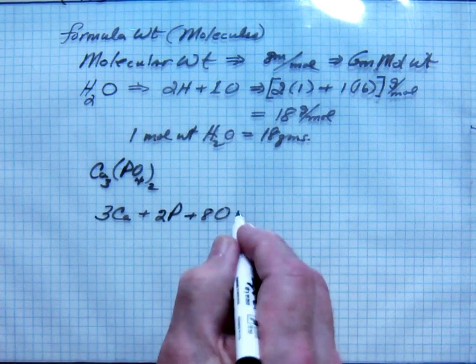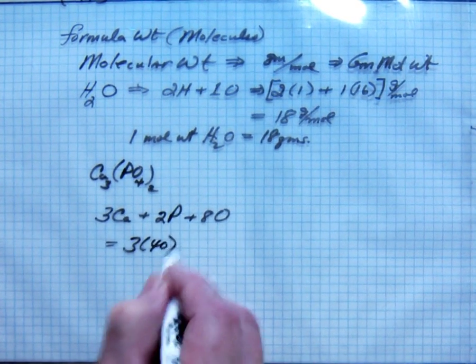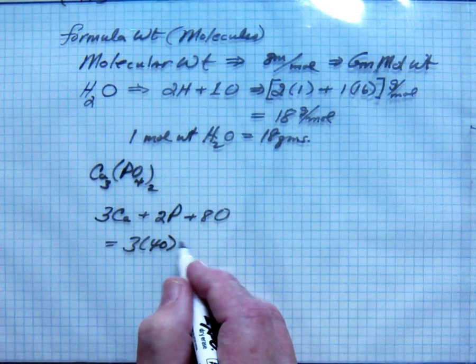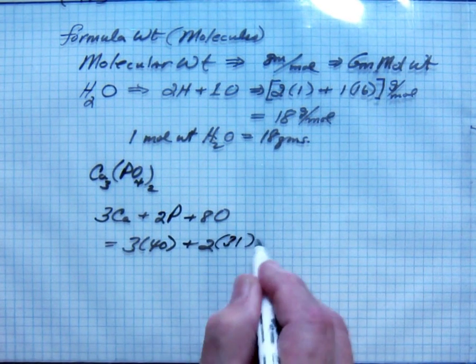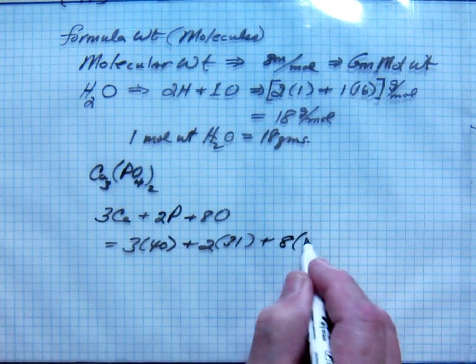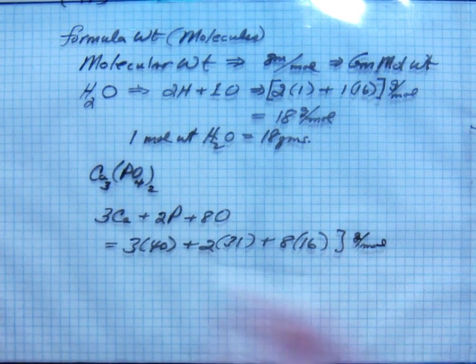Then we substitute the formula: 3 times 40 atomic weights plus, I forgot what phosphorus is, 30.9 or 31, and 8 times 16, and we call that grams per mole.